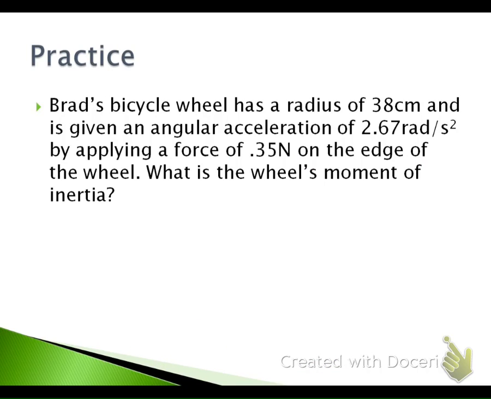Here, Brad's bicycle wheel has a radius of 38 centimeters and is given an angular acceleration of 2.67 radians per second squared by applying a force of 0.35 newtons. What's the wheel's moment of inertia?